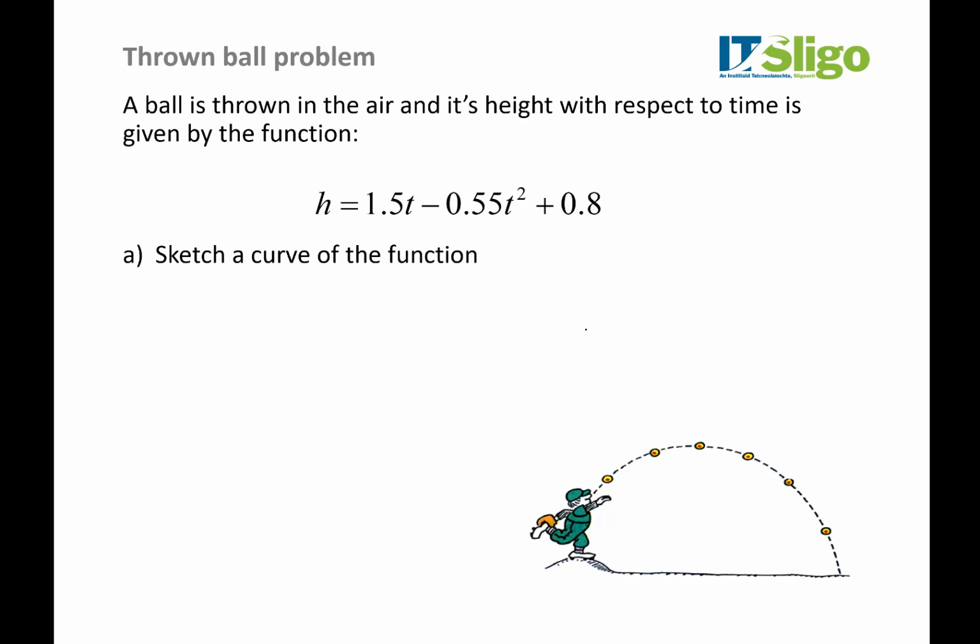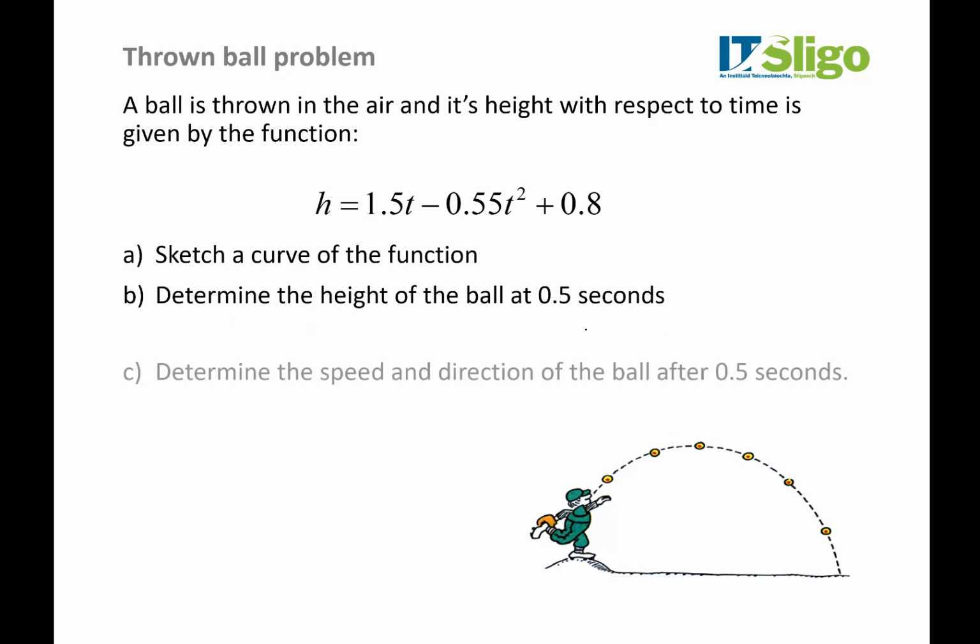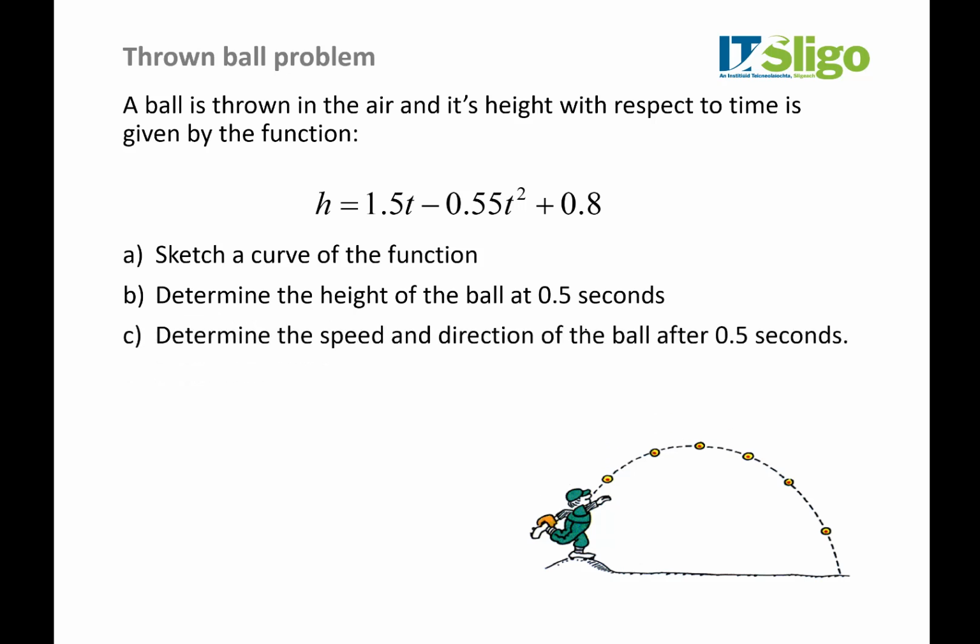Sketch a curve of the function. Determine the height of the ball at 5 seconds. Determine the speed and direction of the ball after 0.5 seconds. Determine the height of the ball at 0.5 seconds. And then determine the maximum height reached by the ball. So this was an example we looked at earlier.